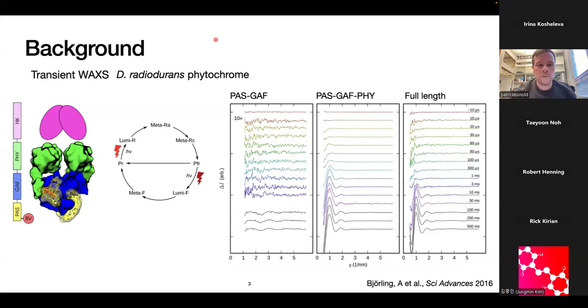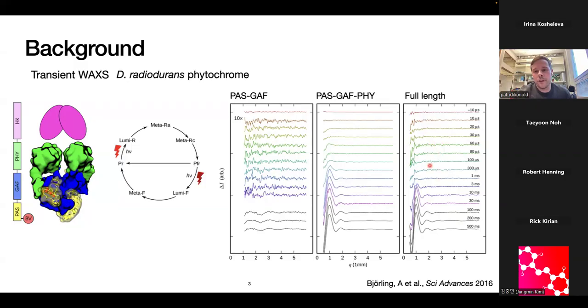As an example of what this data looks like in terms of transient WAXS, here you see some data that was collected, I believe, at BioCARS some years ago, by the group of Sebastian Westenhoff. Here we're looking at bacterial phytochrome, which is shown on the left. In the three panels, you see the full length structure and various truncations, where you start restricting down to the local chromophore domain, which is the PAS domain.